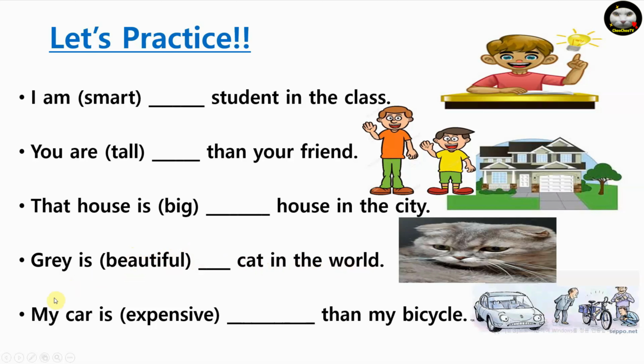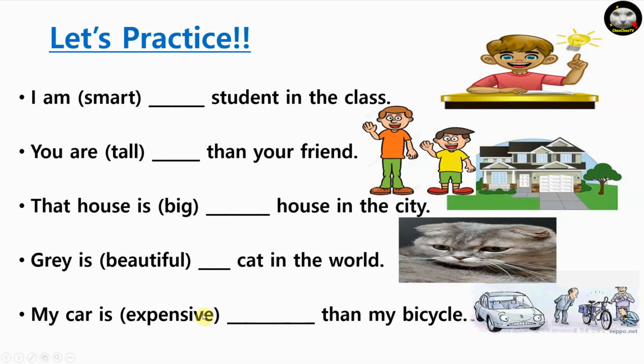And our last example, my car. That's one car is expensive than my bicycle. One bicycle. This is a comparative sentence. One car to one bicycle. Now, we look at the adjective and ask how many syllables does it have?